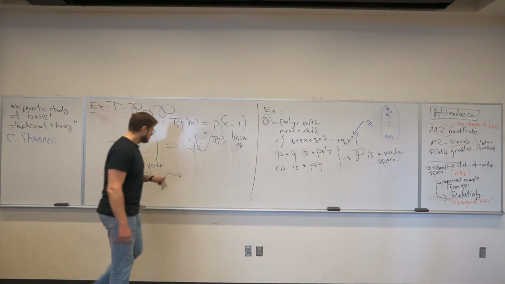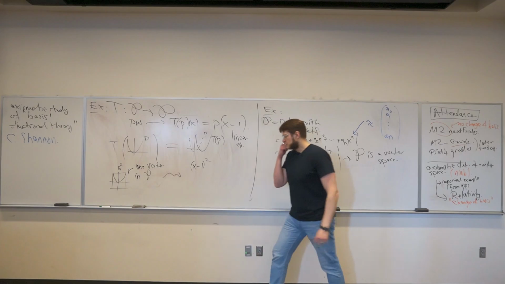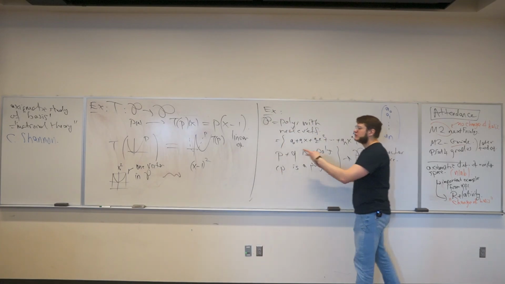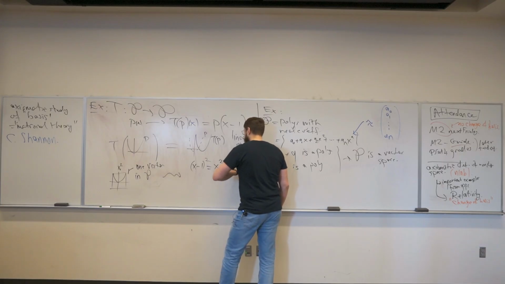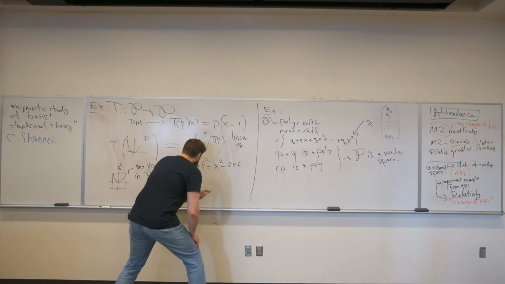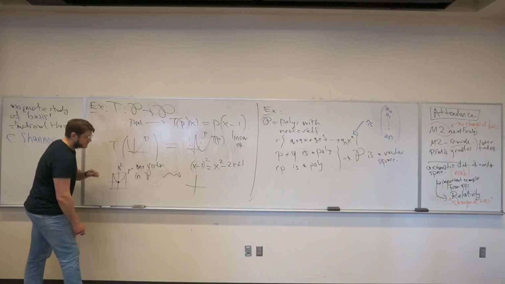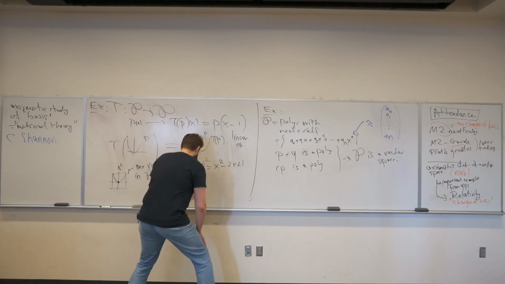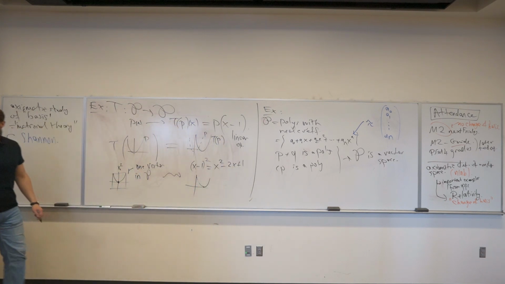What is TP? It's going to turn into (x minus 1) squared. It doesn't seem like it's of this form, but you can of course expand. This is x squared minus 2x plus 1. But geometrically, it's easier to think about this, because now instead of having the corner at 0, the corner is at 1, right? Like this. Make sense?